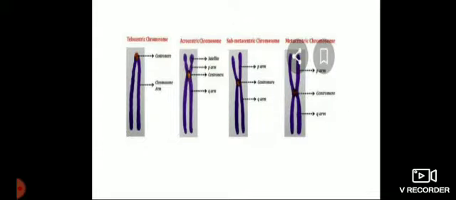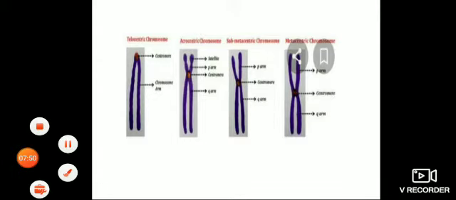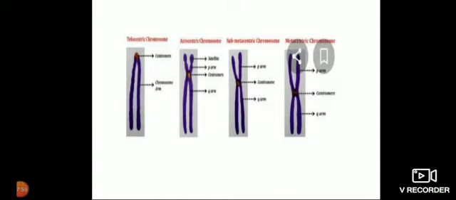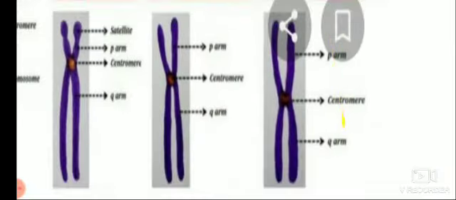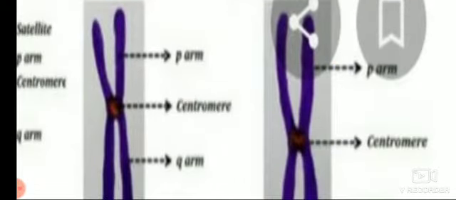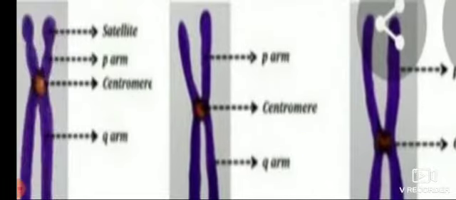Now in the examination, the question may be: describe the structure of the chromosome, or describe the types of the chromosome. Types of the chromosomes are here. First is metacentric. In metacentric, the centromere is at the center. It is generally V-shaped.